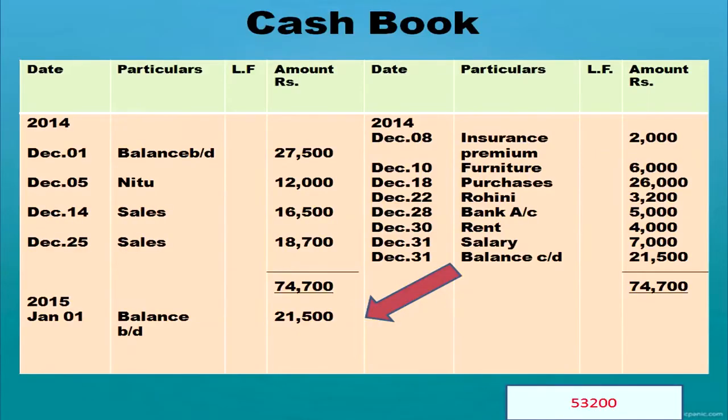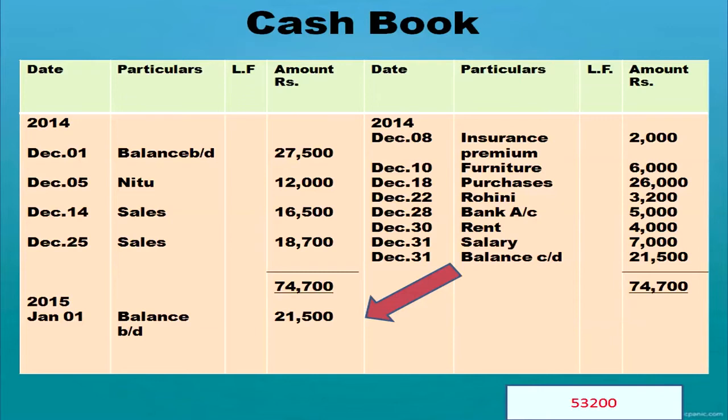There, in the particulars column, what will you write? You have to write balance carried down. And the date will be the last day of that particular month, December 31st. There, December 31st, balance carried down 21,500. This amount will be brought down at the beginning of the next month or next year.